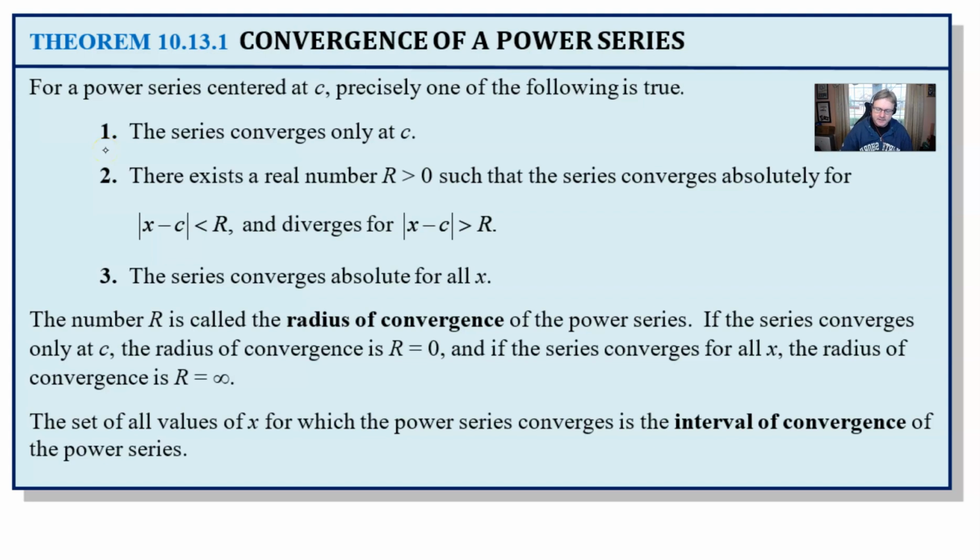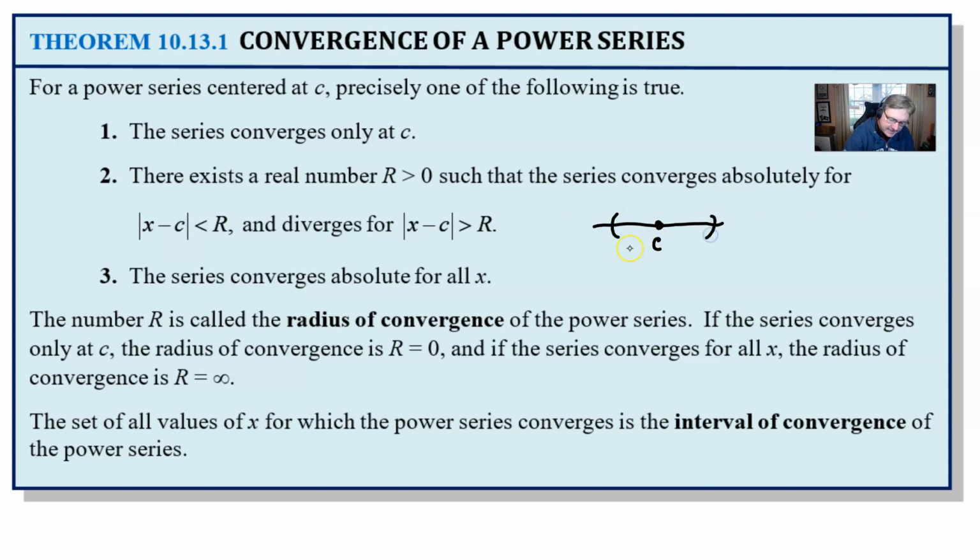We've talked about that. Or number 2, there exists a real number r, where r is positive, such that the series converges absolutely for the absolute value of x minus c less than r, and diverges for the absolute value of x minus c greater than r. I know that seems really complicated, but that just explains that second picture from the previous slide.